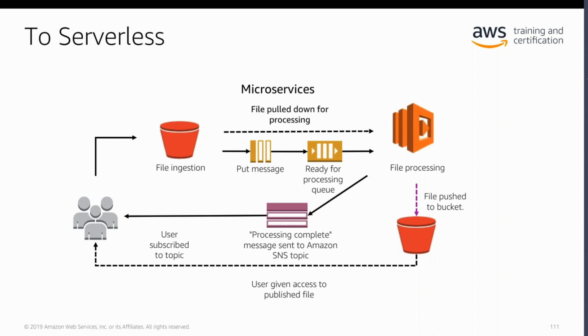So even now, we've decoupled the application. We've used AWS services. We've gone completely to a serverless solution. We're not having to manage any of the services in our application. Instead, all of this was done by a serverless solution here in the cloud.